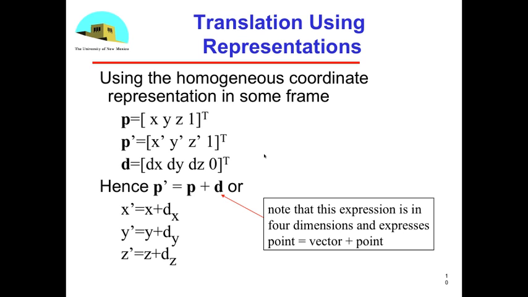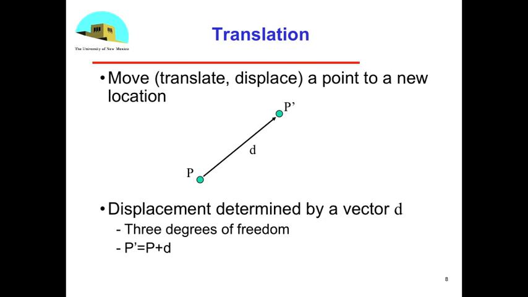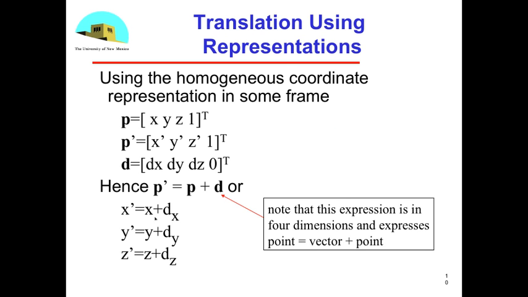But here's again essentially what we said back here, which is that the new point abstractly is the old point plus some vector, and when we do it using representations, I get these 3 equations. Now the problem here is this is saying, as we just saw, that you get a new point by adding a point plus a vector.